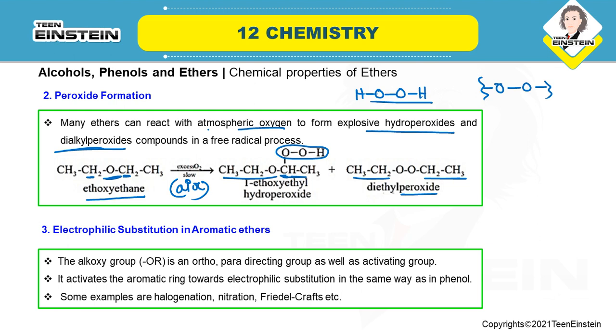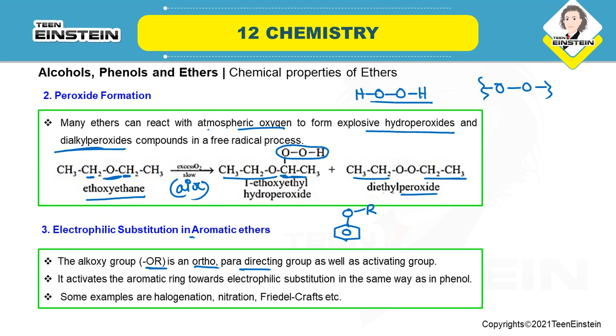The alkoxy group, that is OR, the O-alkyl group, is an ortho-para directing group as well as an activating group. When we are saying aromatic ether, basically a phenyl ring or substituted phenyl ring must be there, and also oxygen and some alkyl group.